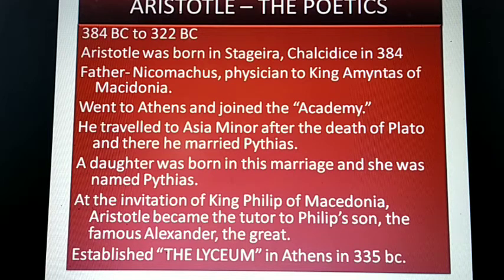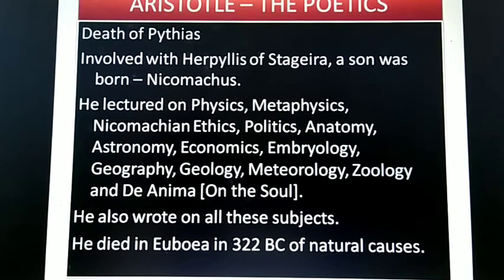Aristotle conducted courses at the school for the next 12 years. While in Athens, his wife Pythias died, and he later became involved with Herpilis of Stagira, another lady, who bore him a son whom he named after his father, Nicomachus.